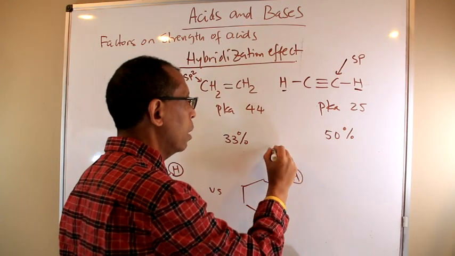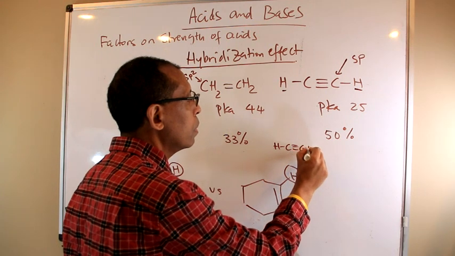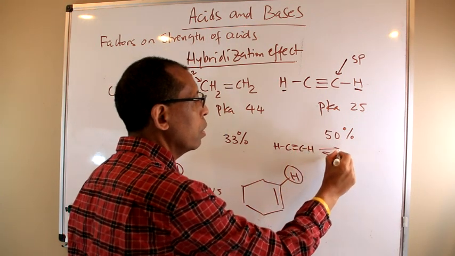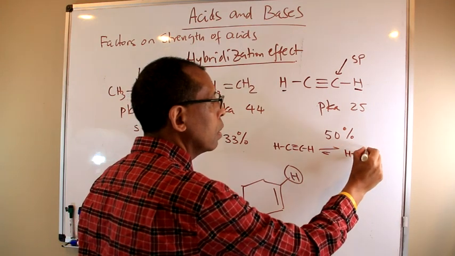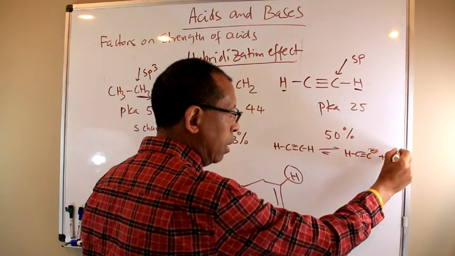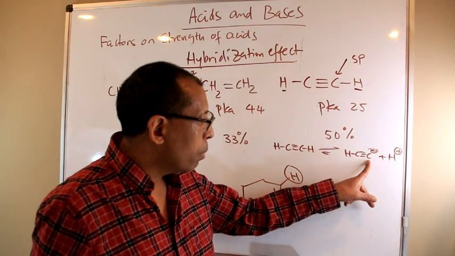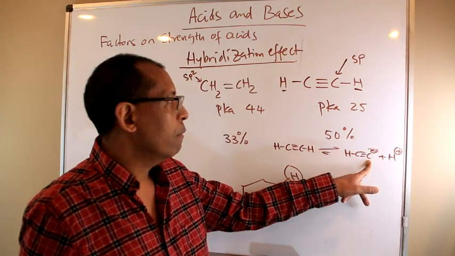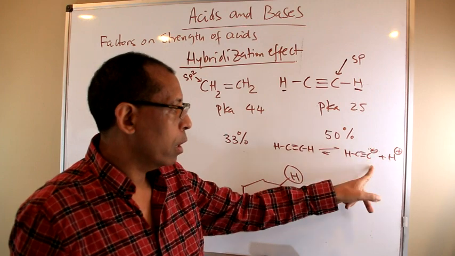What happens is, let's see, you have HCCH dissociating into, let's say, HCC minus plus H plus. Basically, what we are saying is this carbon being more electronegative, meaning more S character means more electronegative.